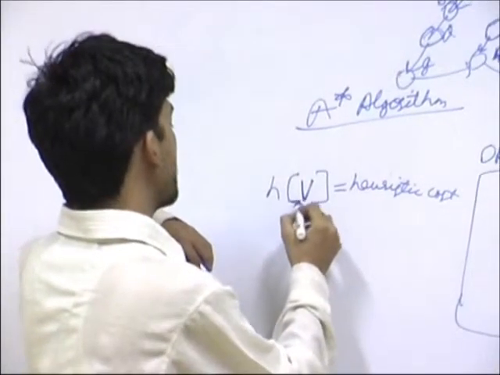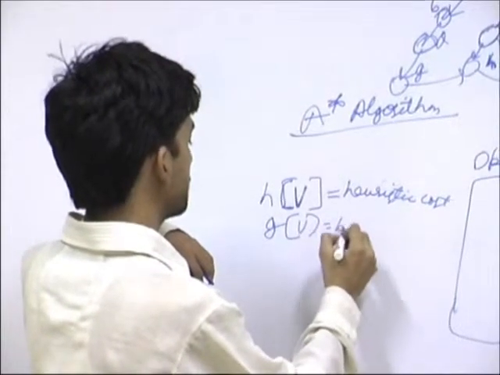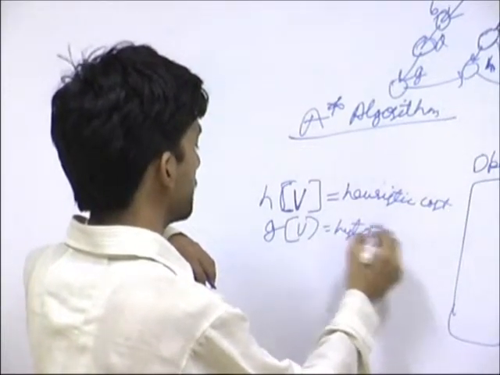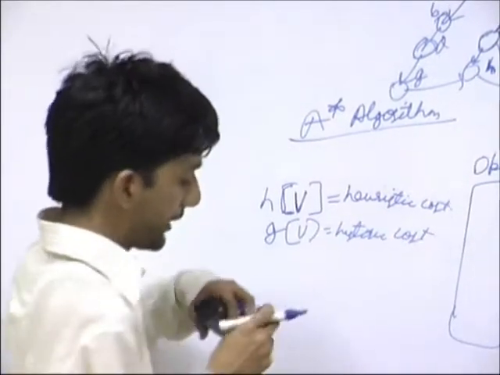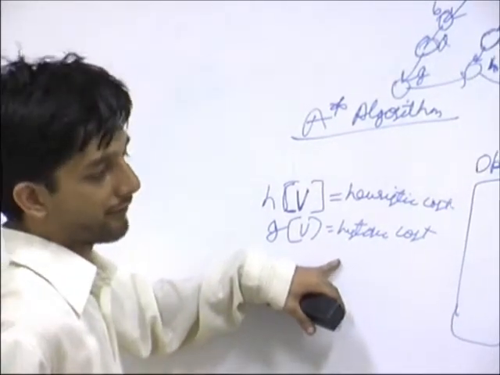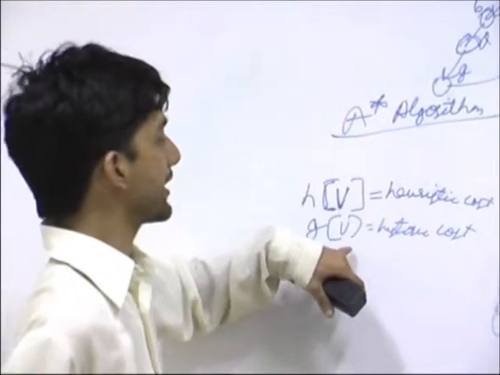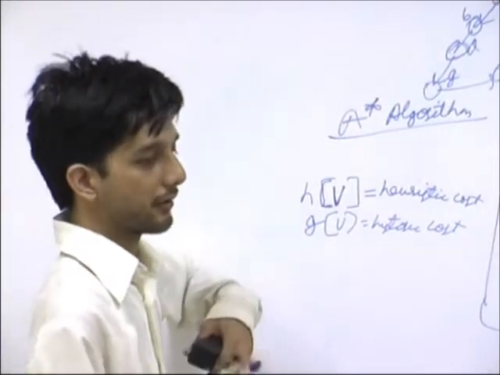The other one is known as the historic cost. This is exactly the same cost that we discussed as the distance parameter in the breadth-first search.